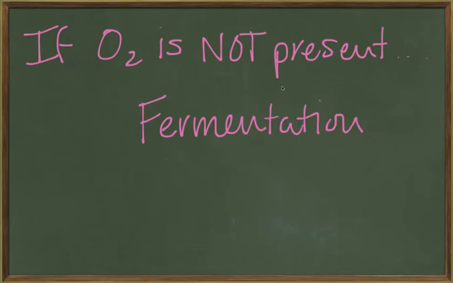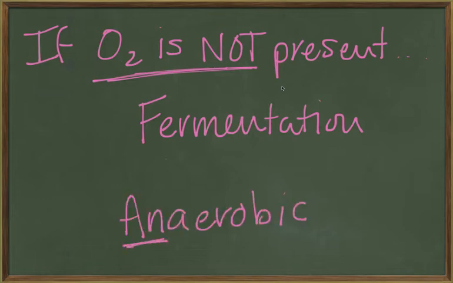There are 2 steps for each fermentation route that you take, depending on what type of organism you are. However, if O2 is not present, this is called anaerobic process. An means lack or missing. Aero means air, so lacking air, lacking oxygen.